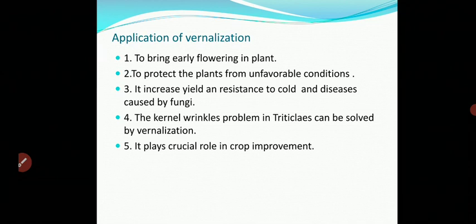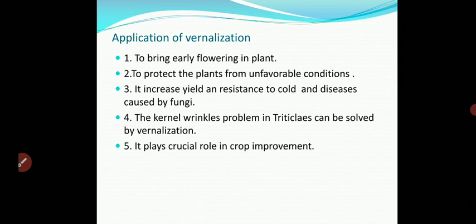It is useful not only to temperate plants but also to some tropical plants like wheat, rice, millets and cotton. It increases yield and resistance to cold and decreases diseases caused by fungi. The kernel wrinkle problem in triticales can be solved by vernalization, and lastly, it plays a crucial role in crop improvement.